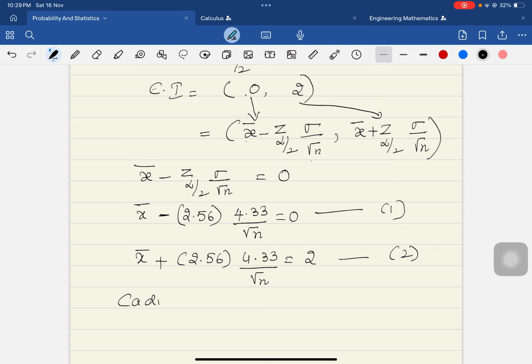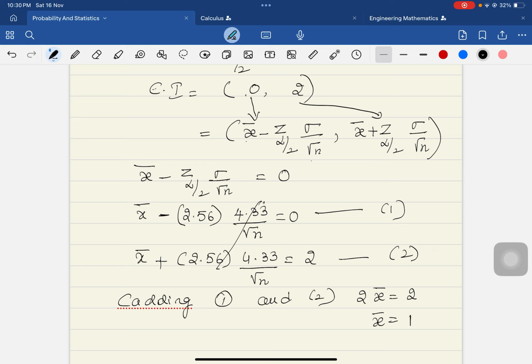Adding 1 and 2, this and this get cancelled. So that gives you 2 x bar is equal to 2, and x bar is equal to 2 by 2, which is equal to 1.